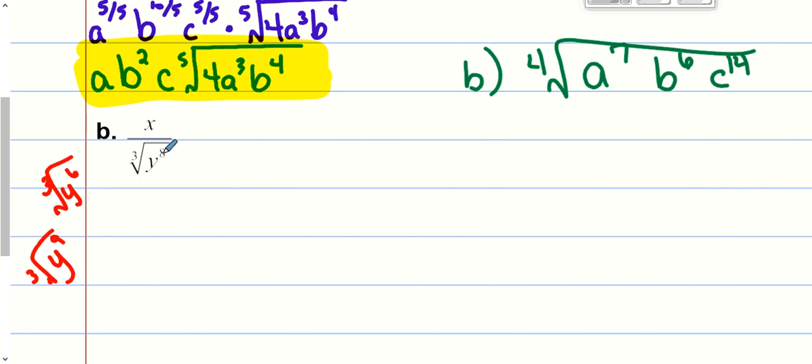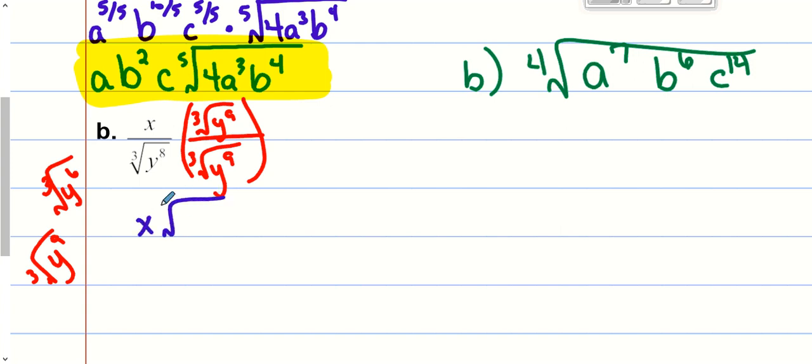Well, I have y to the 8th. So how many more would I need to make that a 9? Just one more, because I have 8 already. So I'm going to multiply the top and the bottom of this fraction by the cube root of y to the 9th. Okay, when I do that, I get x times the cube root of y to the, no, I did that wrong, I'm sorry.